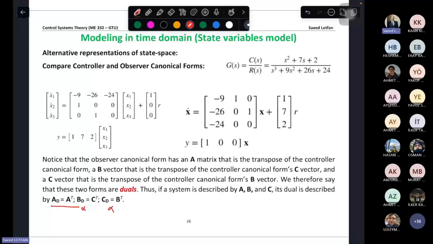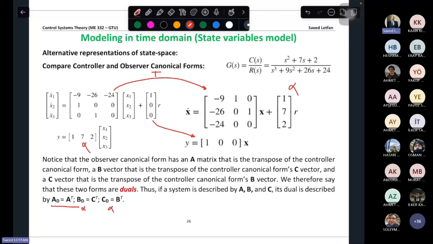Okay, clear? So this is transposed, but changes its place to here, and this comes here. Also C and B, B and C are changing places, transposed, and A is just being transposed as the form.